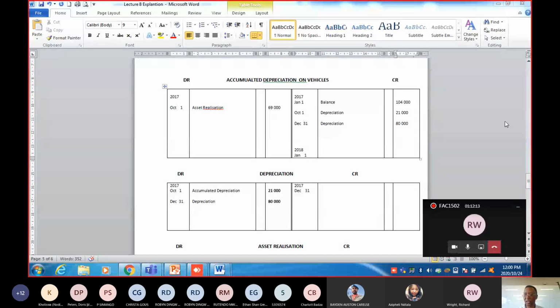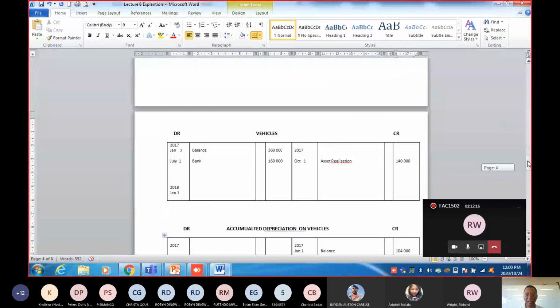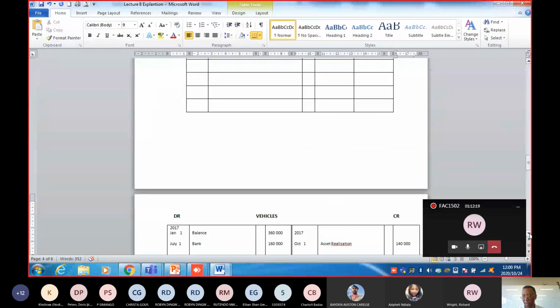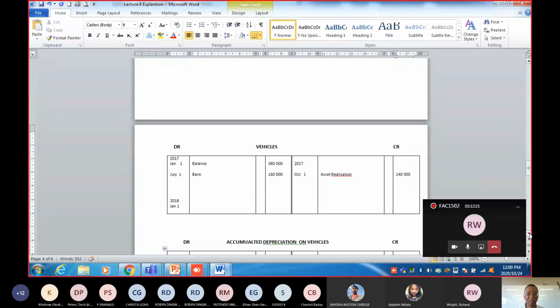Take a look at your ledger account now, the vehicle account first. The vehicle account, remember, we started off with 360. We bought another vehicle for 160. I add up now, I will get 520,000 Rand.